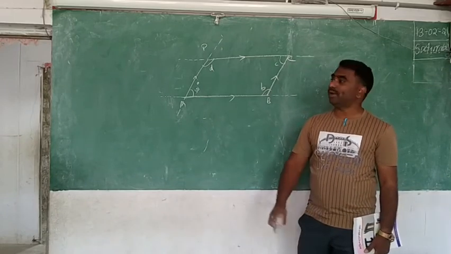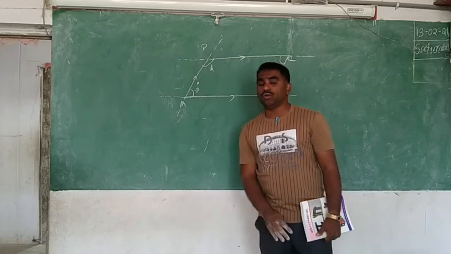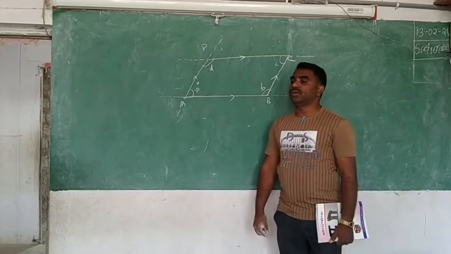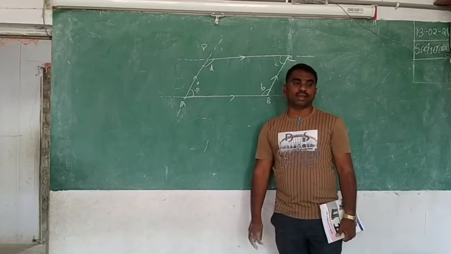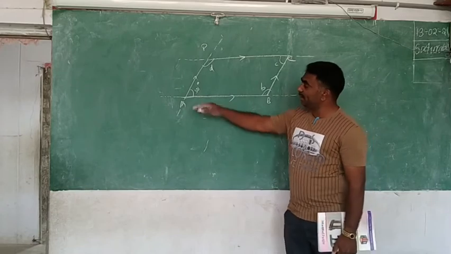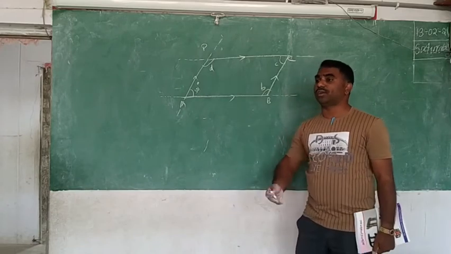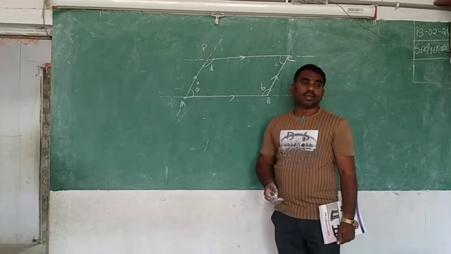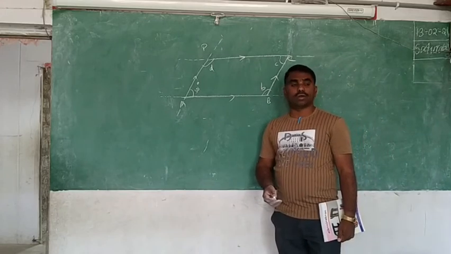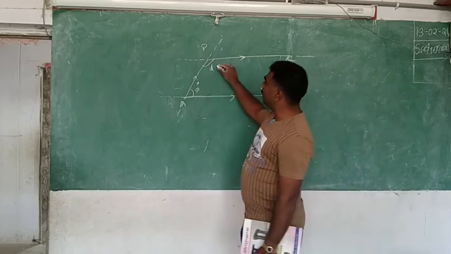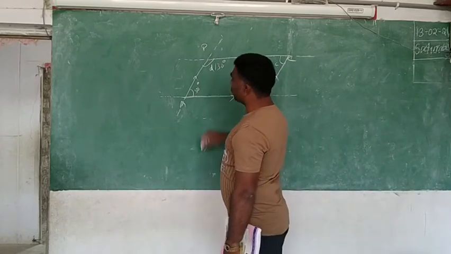When the lines are parallel, the same side angles are supplementary, as discussed already. Supplementary means the sum of the two angles is 180. Already one is 50, so this is 130, and so you got it.